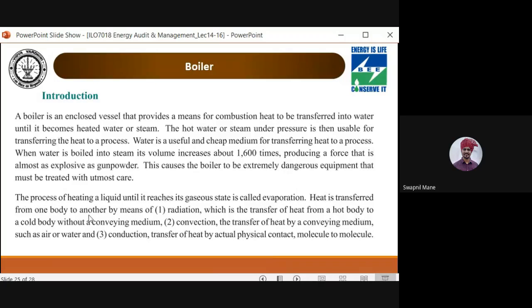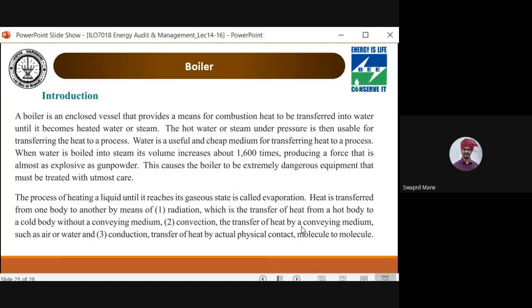Okay, so heat is transferred from one body to another by means of radiation, which is the transfer of heat from a hot body to a cold body without a conveying medium. This you have come across in fifth semester in heat and mass transfer. Then second is convection, the transfer of heat by a conveying medium.